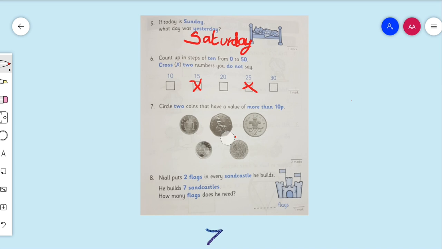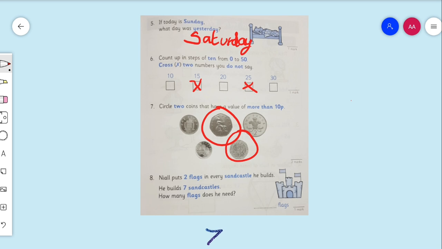So that means this has more value. So we circle that. And then next is 2p. 2 is less than 10, which means that can't be it. And there's 5p, that is also less, so it can't be that. And here's 20p. Yeah, 20 is more than 10. We circle that too.